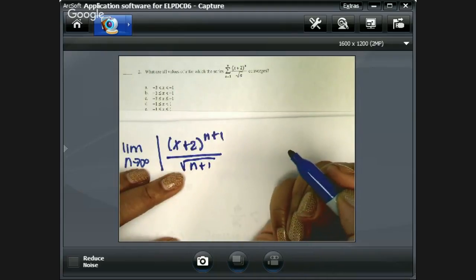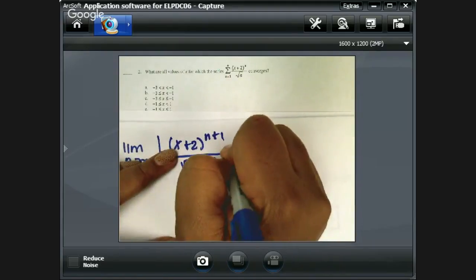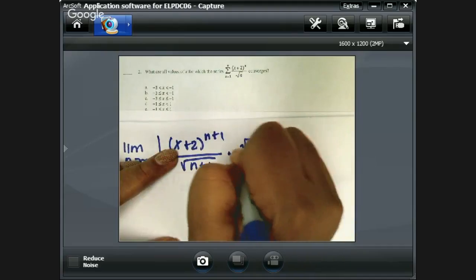Now, instead of writing a complex fraction, I like to multiply by the reciprocal. So instead of dividing by that nth term, I'm going to multiply by the reciprocal of the nth term.